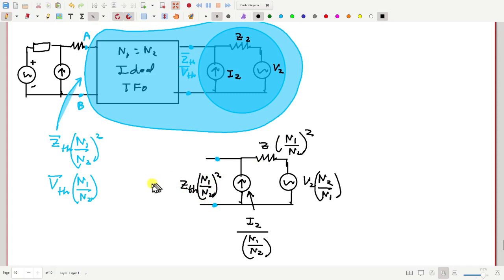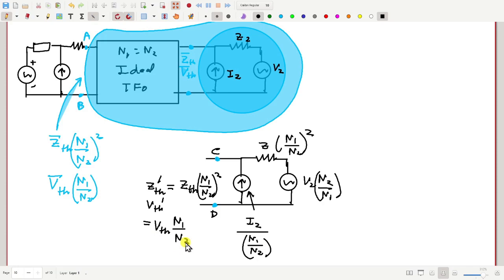That will be ZTH prime. And how much will be VTH prime between these two terminals C and D in terms of the previous VTH? You can check and show that this will be previous VTH multiplied by N1 by N2.